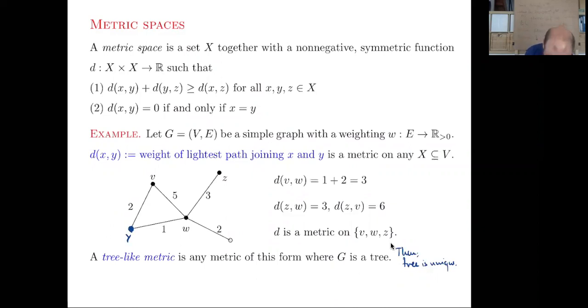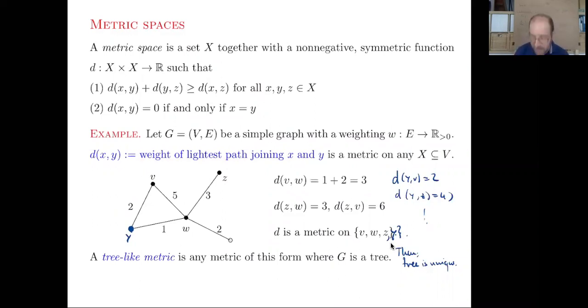And then the same is true, and then d(y,v) is equal to 2, d(y,z) is equal to 4, and so on. And this is a metric on Y. Okay. That's okay. Any graph with weights and any choice of vertices gives me a metric via this weight of the lightest path. Okay. Good. That will be actually important later. Thank you for your question.